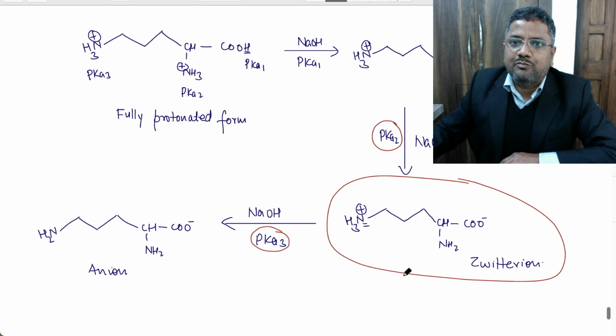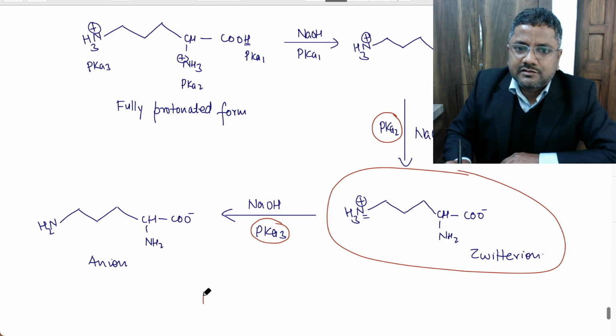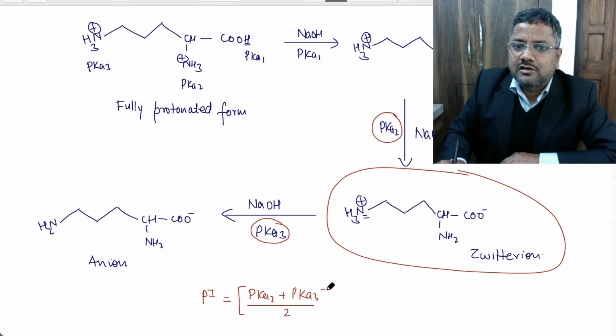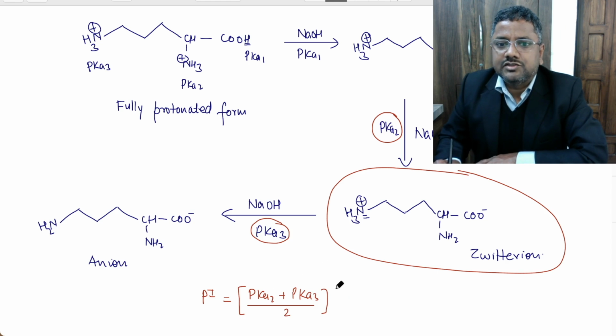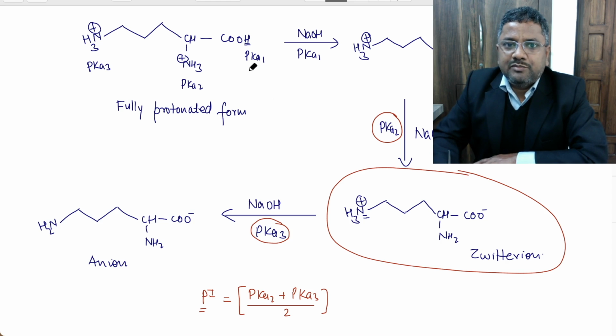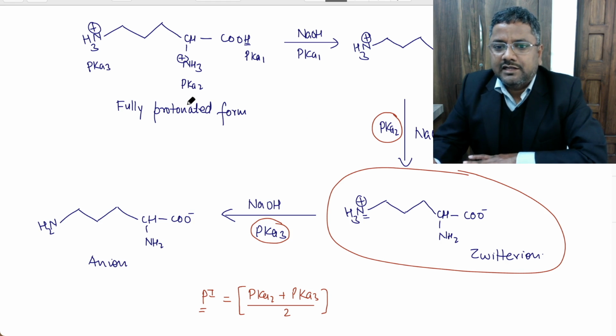So now pI for this is equal to pKa2 plus pKa3 by 2. The average of these is called pI, the isoelectric point. So pKa1, pKa2 and pKa3 are given.